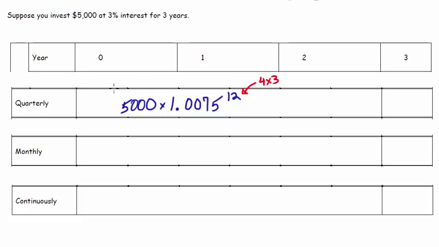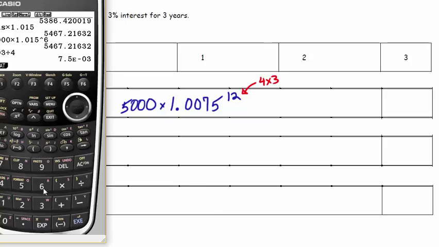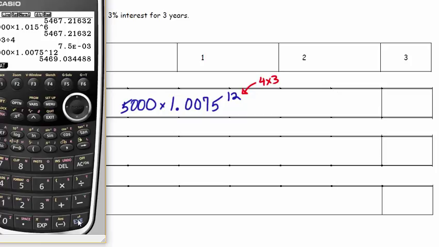Alright, let's see if this little shortcut here is hopefully going to be much, much quicker than what we were just doing. $5,000 times 1.0075, so I get 0.75% 4 times a year, raised to the 12th. Alright, so then we end up with $5,469.03.